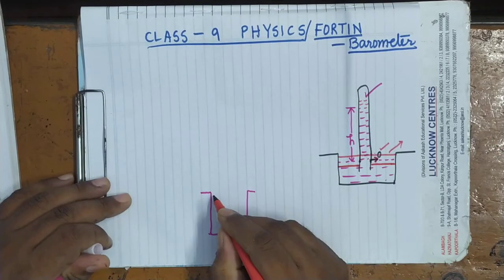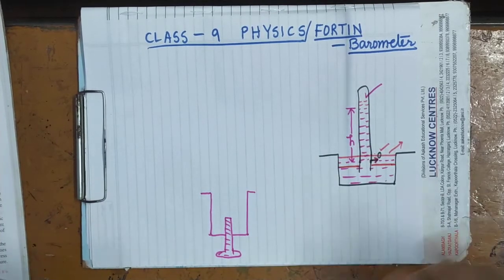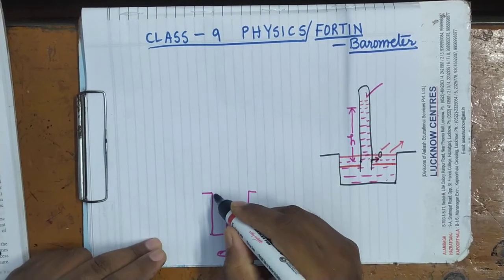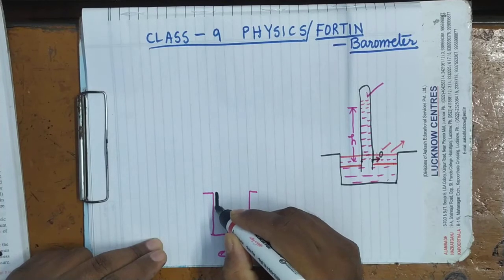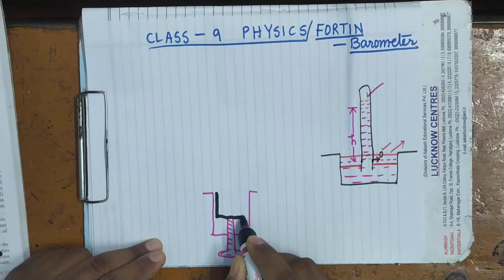Now here there is a leather cap. This cap is made up of leather, which can be moved up or down. This is a leather cup, not cap. This is the leather cup.